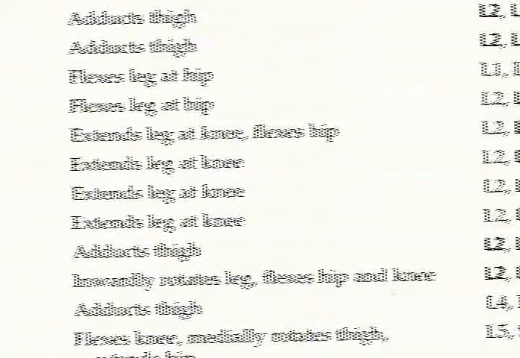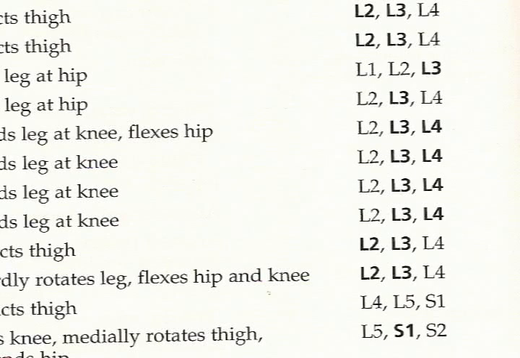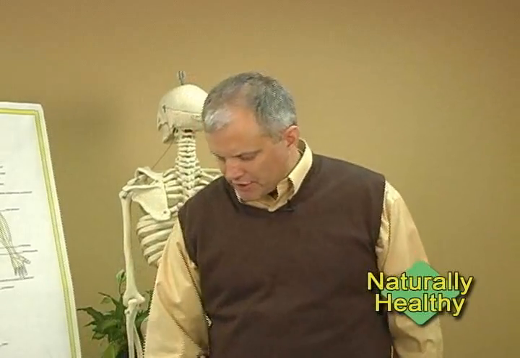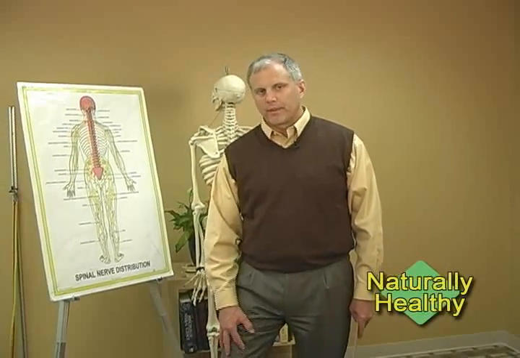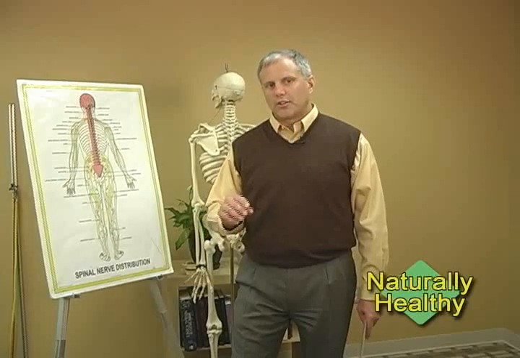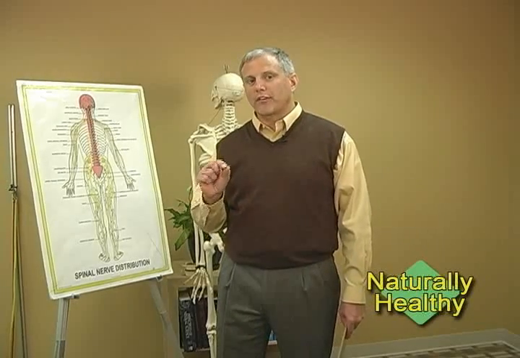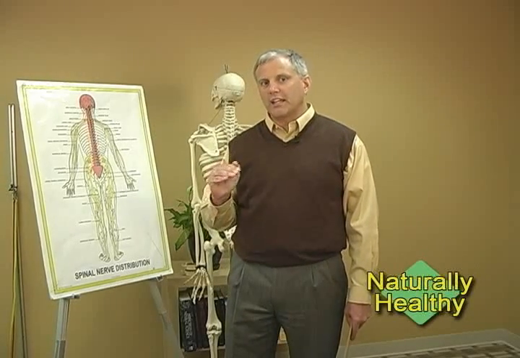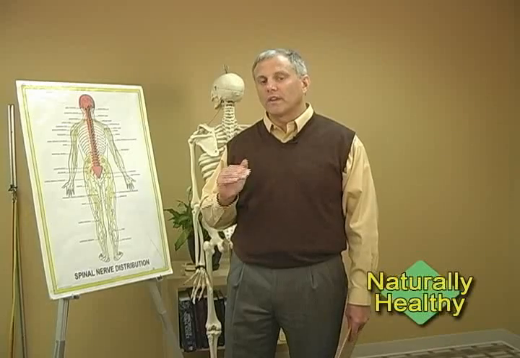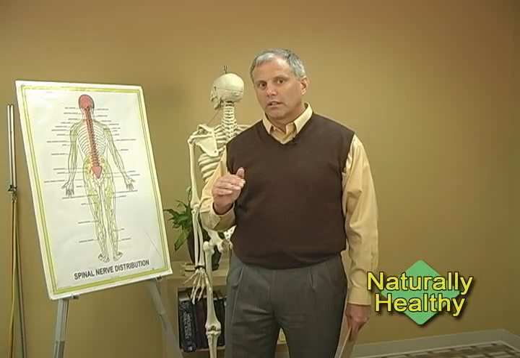You can see it says L2, L3, and L4, and L3 and L4 are primary. The quadriceps are essentially most of the muscles in the front of our thigh. Quad means there are 4 of them. They're supplied by nerve signals coming from the lumbar second, and primarily third and fourth levels in our spine.